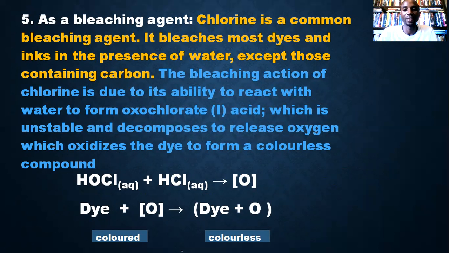As we can see here, the bleaching action of chlorine is due to its ability to react with water to form chloric(I) acid, which is unstable and decomposes to release oxygen, which oxidizes the dyes to form a colorless compound. As you can see, it's colored and then colorless, so it has the bleaching power to change colored materials to colorless ones.